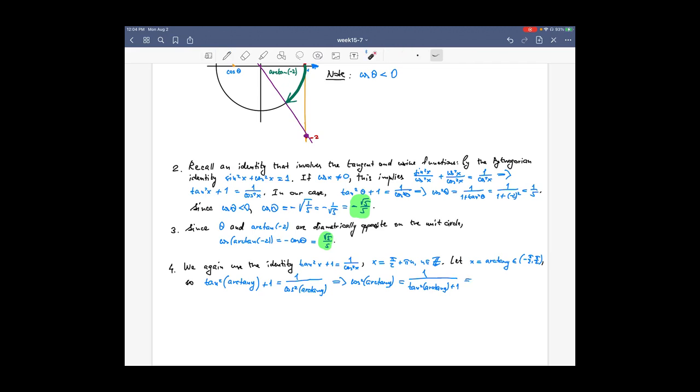Now, of course, tangent of arctangent y is simply y, so tangent squared of arctangent y is y squared.